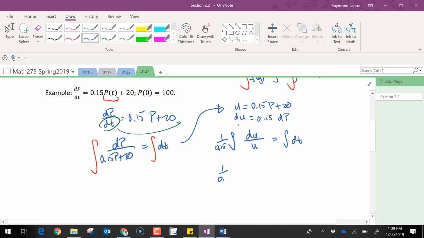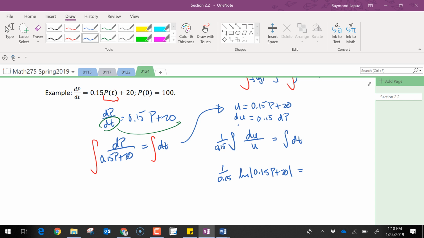Okay, so we integrate, and that's just going to be the ln function. So 0.15 ln of u, which is 0.15 p plus 20, is equal to, now there's a plus c that happens here. Whenever you do indefinite integrals, you always have to account for the plus c's, and those things will end up being the parameters for the curves in our solutions.